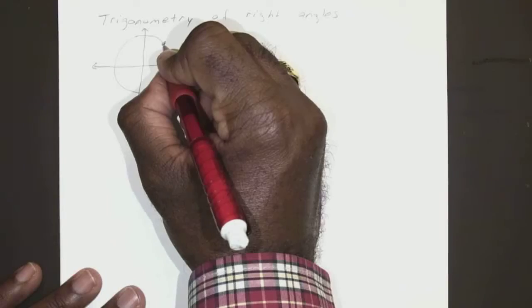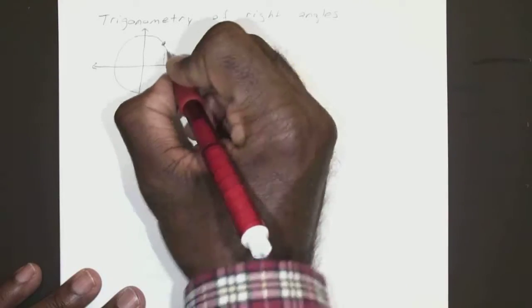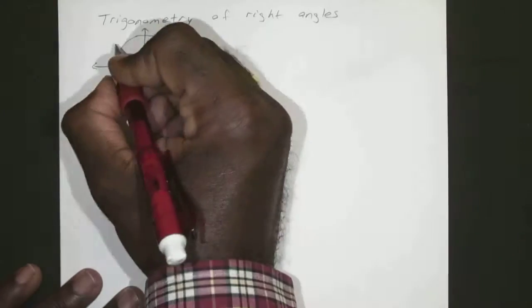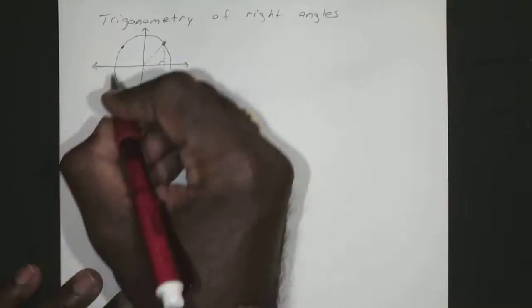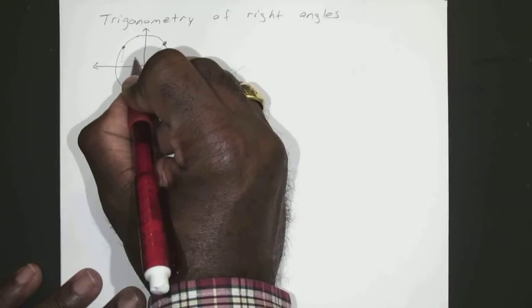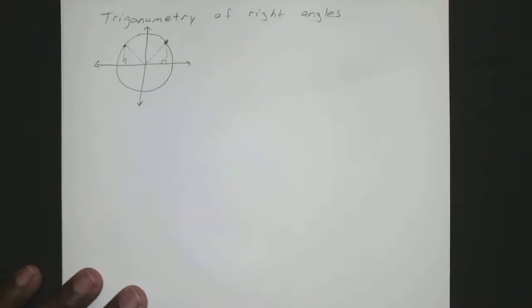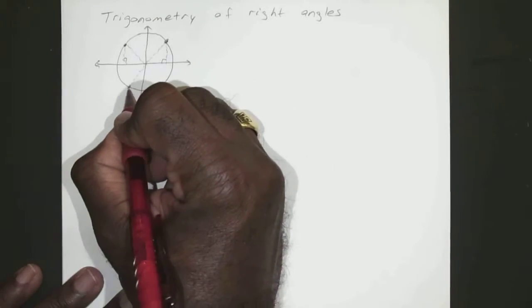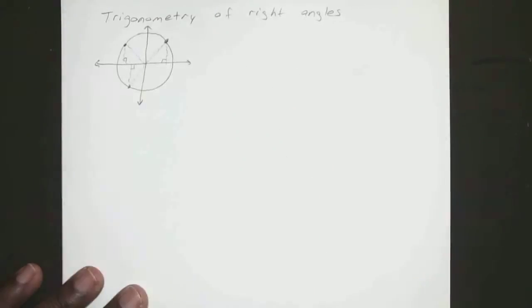Any point you pick on the graph, if you go down to the x-axis and to the origin, you will have a right triangle. If you pick a point over here, you go down into the origin, you'd have a right triangle. So any point you pick anywhere on this graph, you're going to have a right triangle.